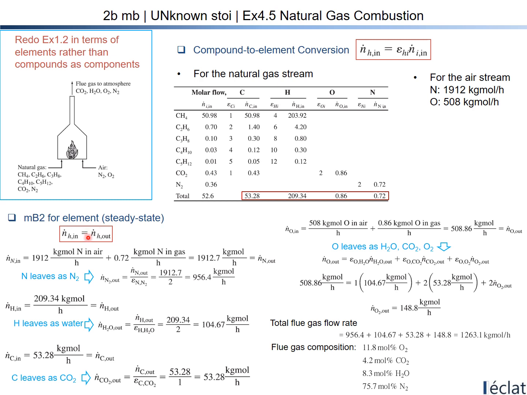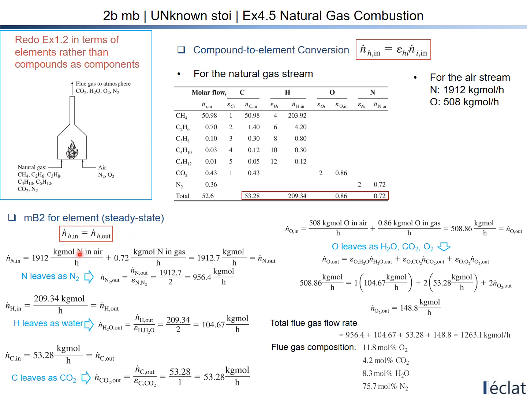Then let me start with the nitrogen atom, then hydrogen, then carbon and oxygen. Nitrogen input is equal to the value from the natural gas stream, 0.72 for nitrogen here, and then 1912 kilogram mole per hour from stream 2 of the air.